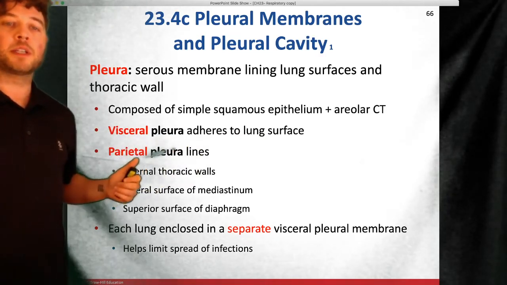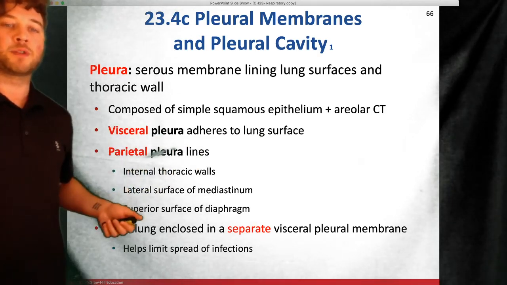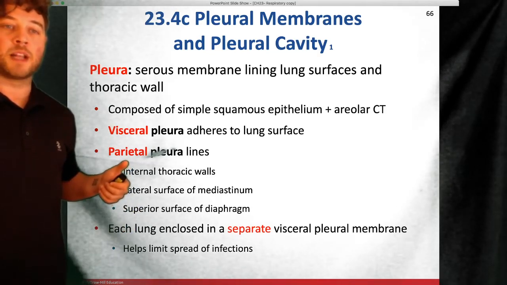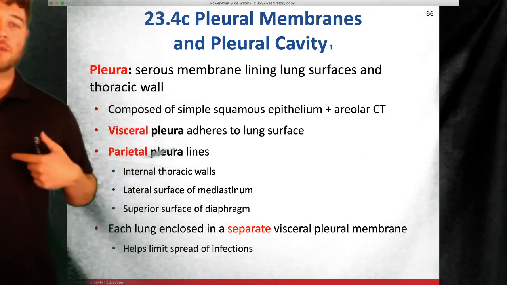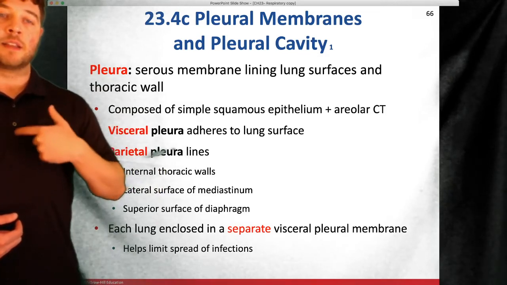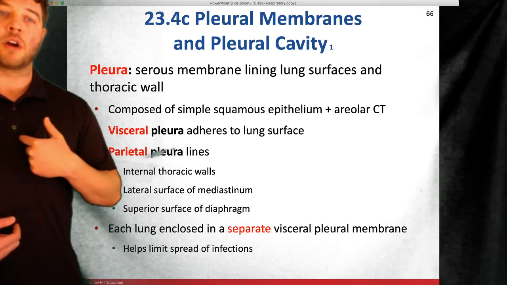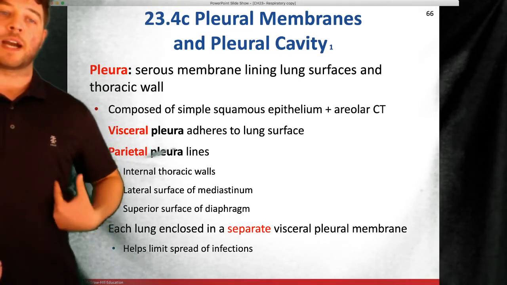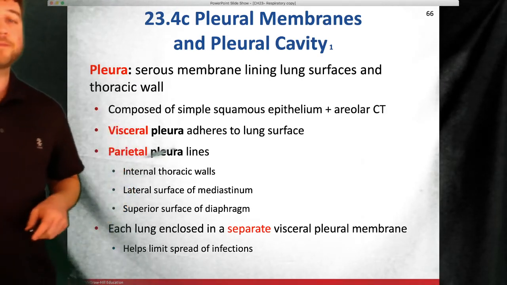The parietal pleura lines the thoracic walls, the lateral surface of the mediastinum, and the superior surface of the diaphragm. So this is basically lining the actual cavity itself. You have the visceral pleura right around your lung, and the parietal pleura that lines the lateral half of the mediastinum, the cavity for your heart, the thoracic walls, and the superior portion of your diaphragm, that respiratory muscle that pulls down and helps you breathe.